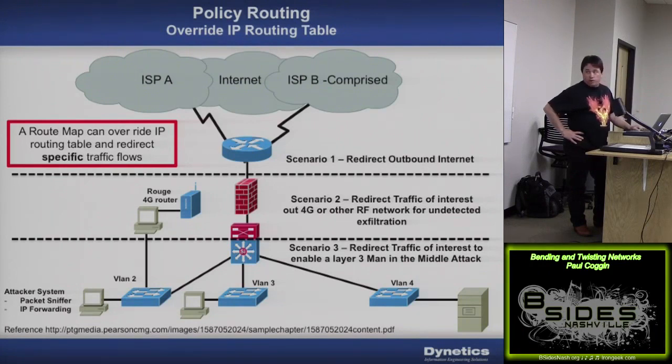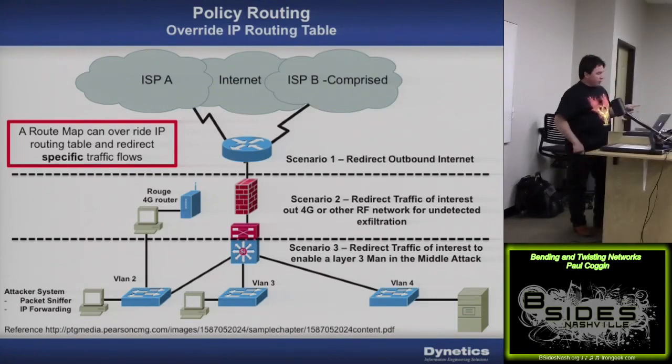Another scenario that you might use is if there's traffic that you want to exfil and you don't want to go out to, say, the perimeter edge network, because they maybe have visualization instrumentation on the network that is looking for traffic to leave through the perimeter, because that's where everybody puts all their capabilities at the perimeter. Well, what if you got some kind of mobile 3G, 4G router backdoor into the network?